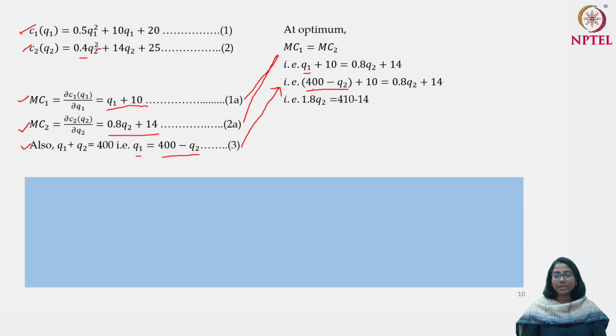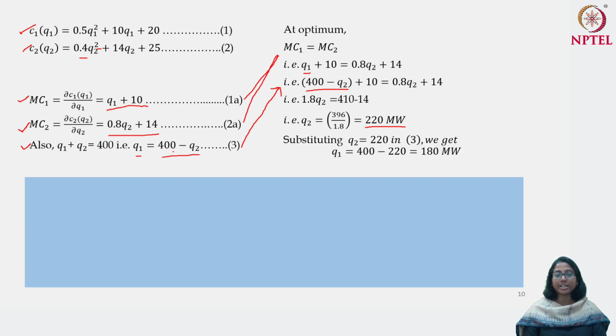If I take Q2 to the right hand side, I get 1.8 Q2 equal to 400 plus 10, that is 410, minus 14. So 1.8 Q2 is equal to 396, or Q2 is equal to 396 by 1.8, which is equal to 220 megawatt. So the second generating unit is going to produce 220 megawatt of electricity.